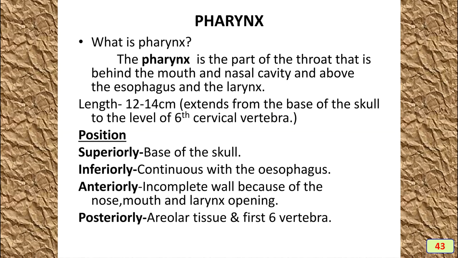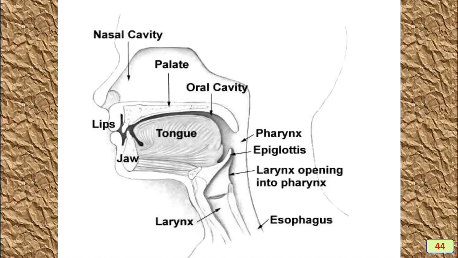Then the pharynx is the first part of the throat that is behind the mouth, and it also allows air to flow into the lungs. So this is the human lungs, and the entry of this is called the pharynx.